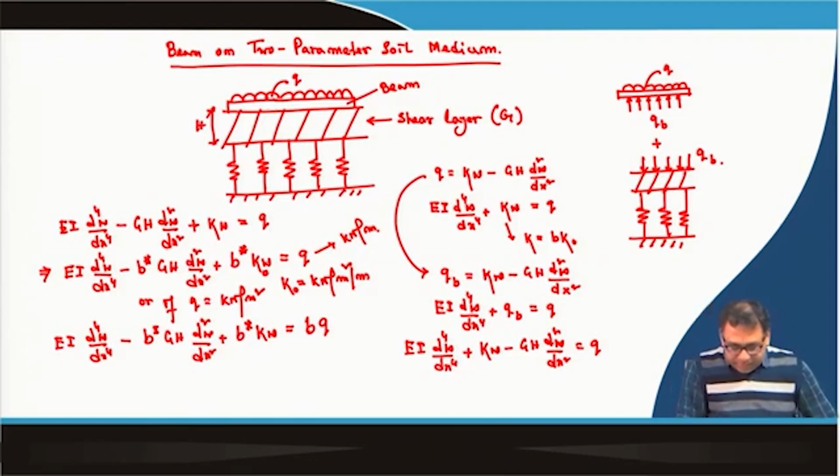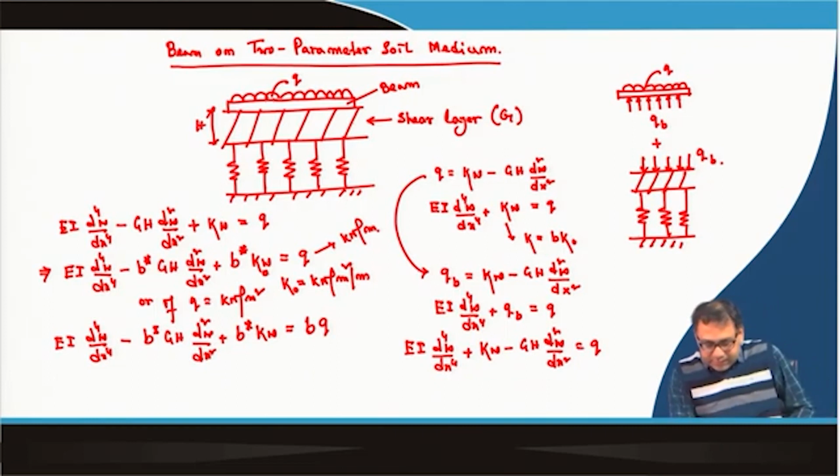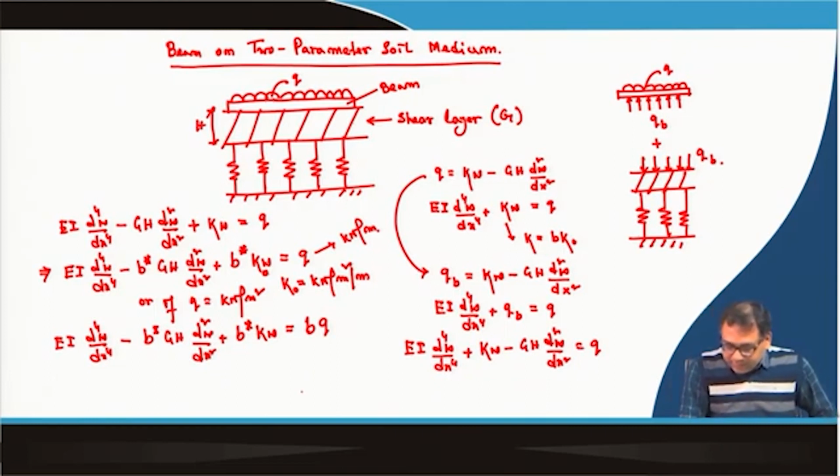So, now here I can write that, because when we are multiplying, this is QB. So, this QB we are basically multiplying by B dash or B star. Okay. So, this is also kilonewton per meter.